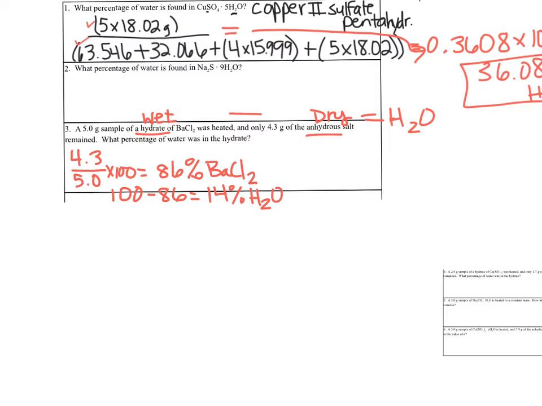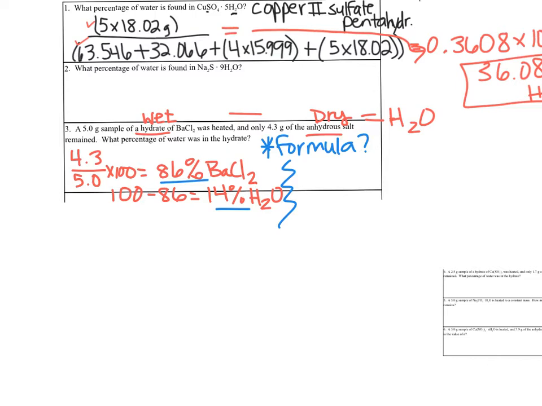So that is what the actual question was asking, but today in class I mentioned I want you to come up with the formula. Okay, so now I'm just going to go into how you could do that. You can take these percentages and just use your empirical formula steps to figure them out. So that's what I'm going to do in this example.